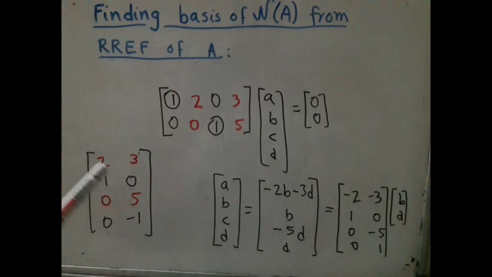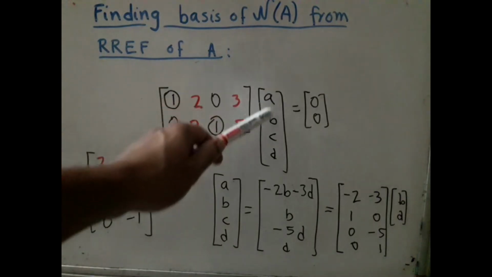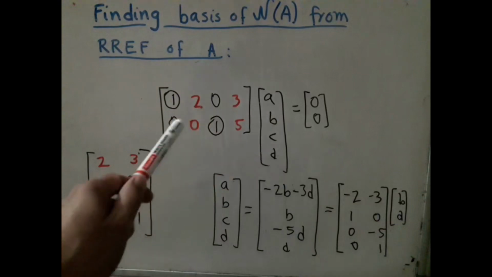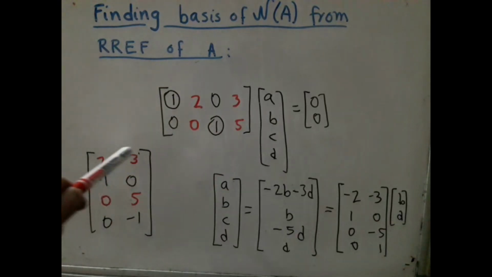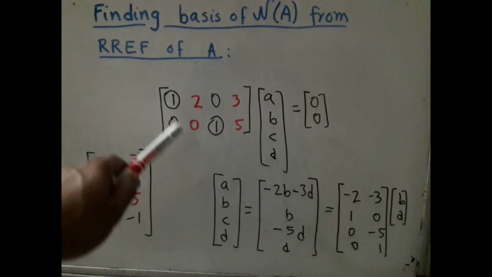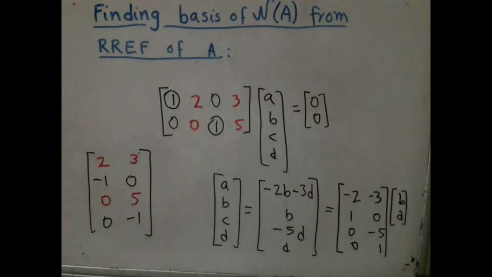They are occurring in those positions where I have the dependent things, namely in this case the dependent things were A and C, because we expressed A and C in terms of the other things. So this was for A, row 1, and this was for row 3. And these dependent things corresponded to precisely the columns where the leading ones occur.